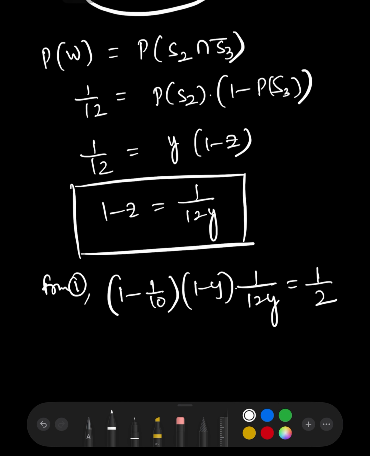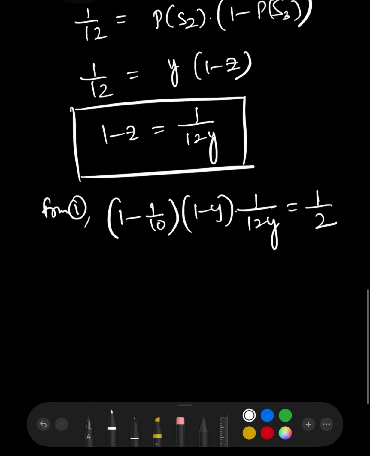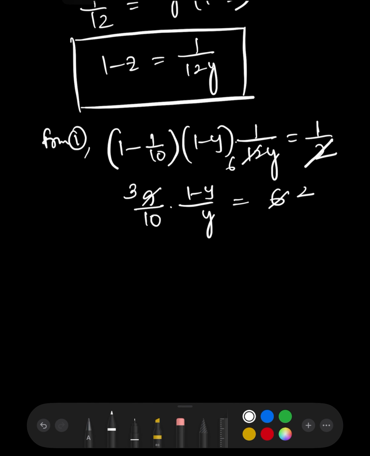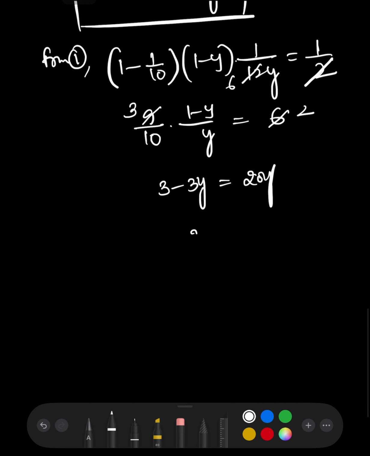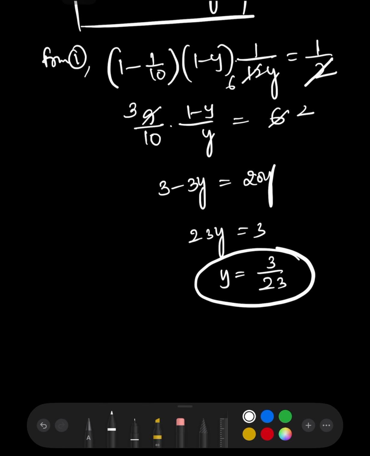So this is 9 by 10 into (1 minus y) by y equals 6. Three threes are 3, 2s are 3 minus 3y equals 20y, 23y equals 3, so y equals 3 by 23. So we got the y value.